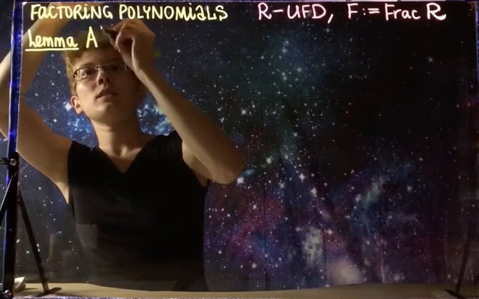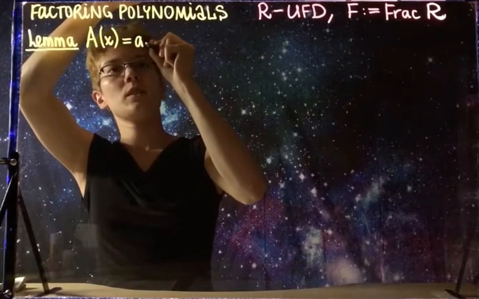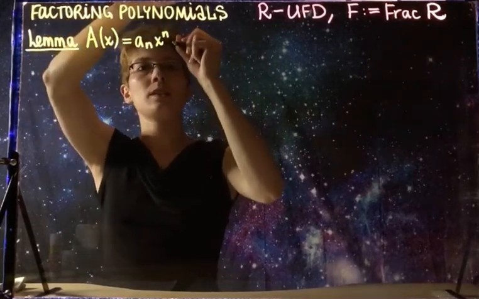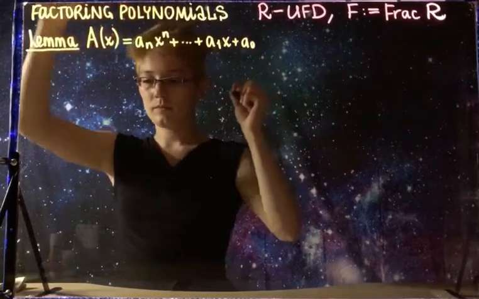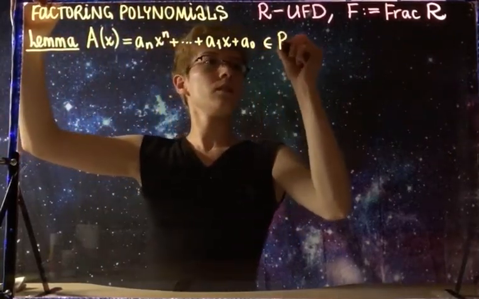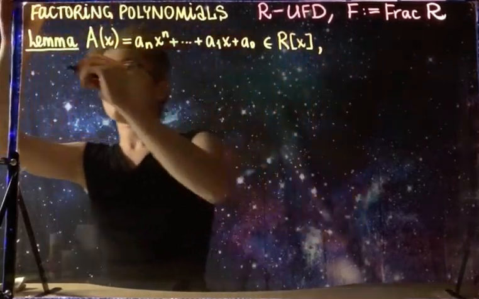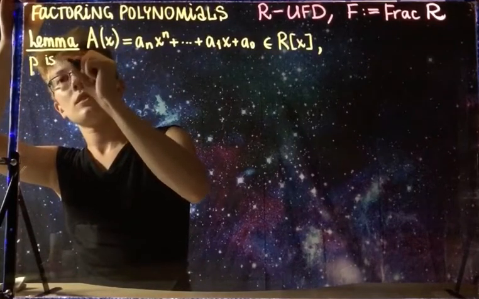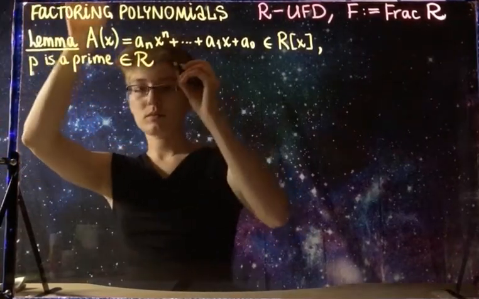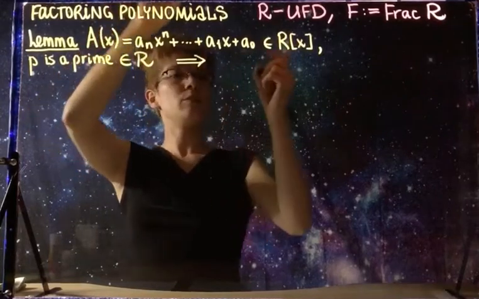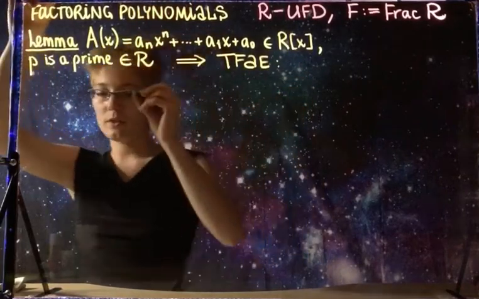The first lemma is, let's take a polynomial A of x with coefficients in R, a_n x^n plus ... plus a1 x plus a0, let's say that P is a prime element of R and R is a unique factorization domain, then the following assertions are equivalent.